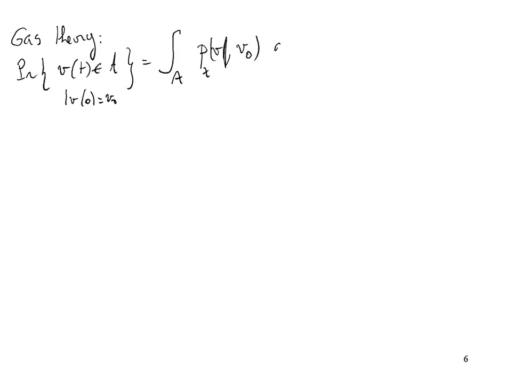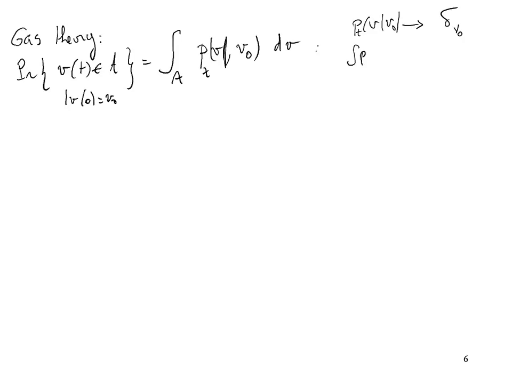during time t, dv. And we know two things about this probability distribution function, p_t of v and v0, conditioned on v0. When t goes to 0, it should converge to a Dirac delta at v0. It is, of course, normalized to 1 by definition.